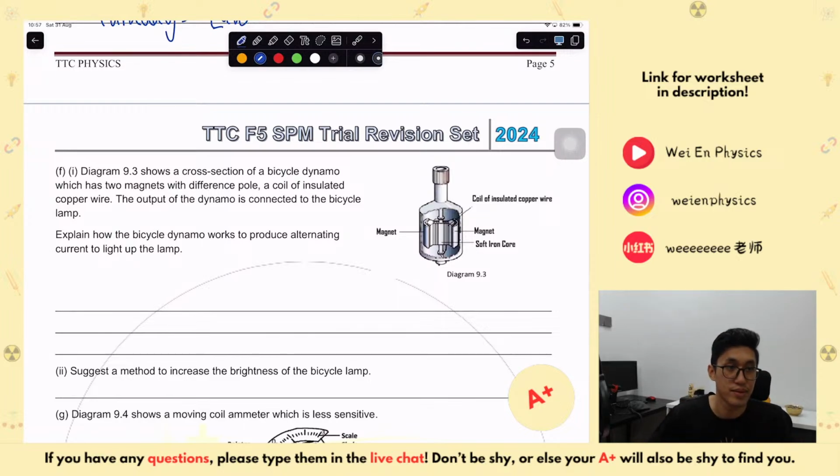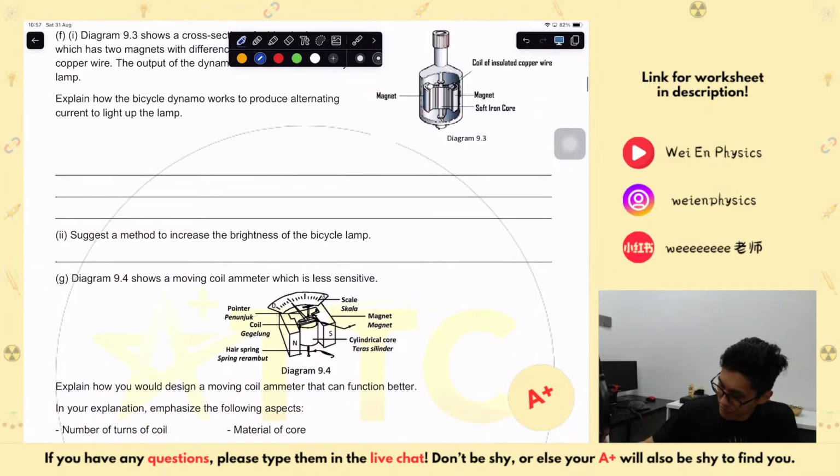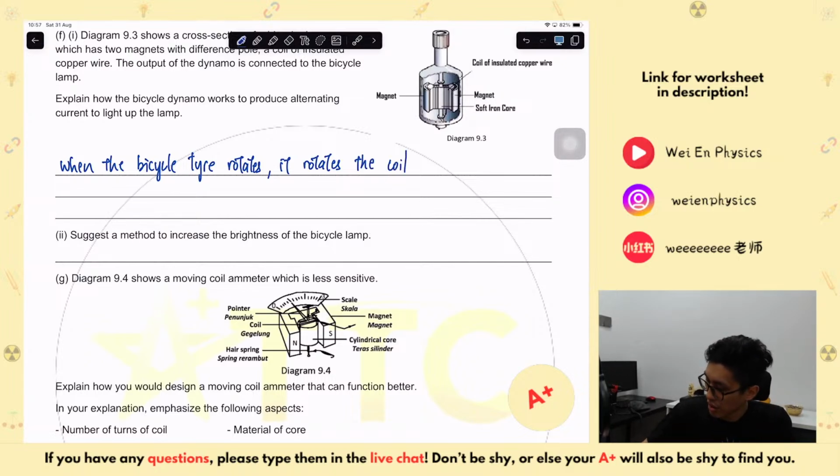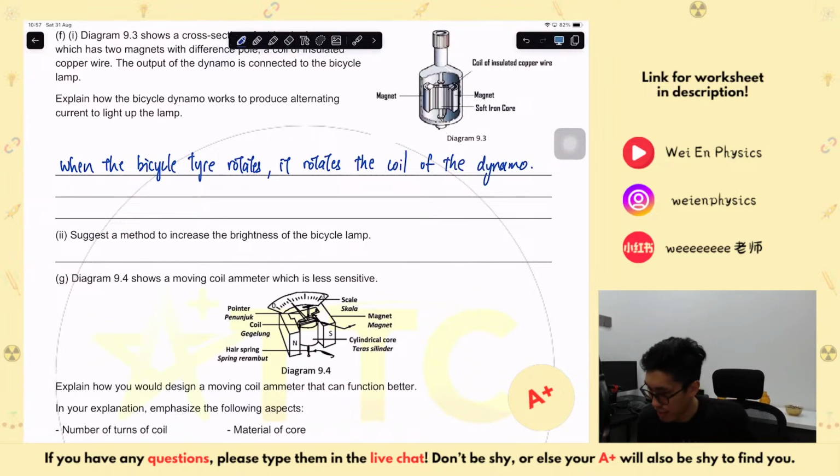So you say, when the wheel or when the bicycle tire rotates, it rotates the coil of the dynamo. Okay? When the bicycle tire rotates, it rotates the coil of the dynamo.